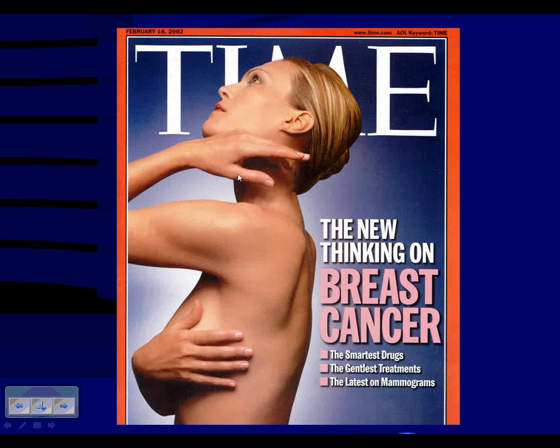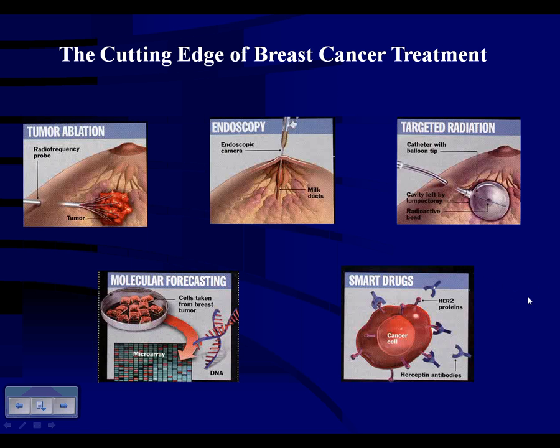And of course, there's lots of new progress. Here's the next time in 2002. I'm waiting for, I guess this year we might see the new one, right? Okay, it's every 10 years about. There are new smart drugs like Herceptin. They can actually map tumor cells genetically, so you can have specific molecular treatments. It's gotten so involved and complicated. Here are some examples.